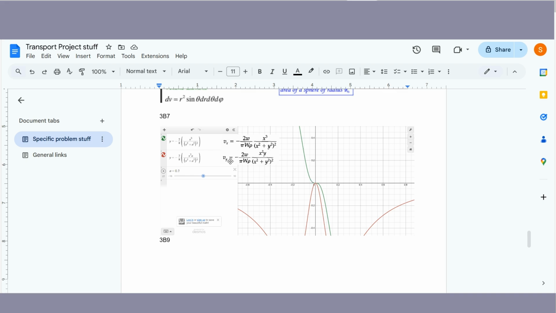And then for this red function, Vy, there's a local max. At a local max, the slope equals 0. At a local max, x equals 0, the slope equals 0. Looking at these expressions, I just took out the w, rho, and the mass flow rate because they're just scalar values.